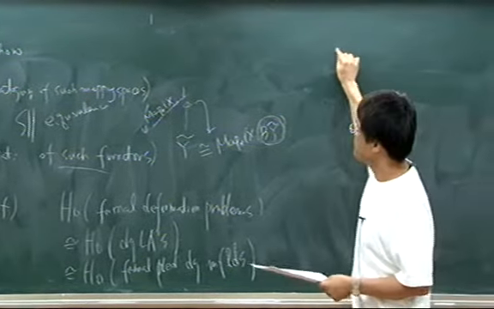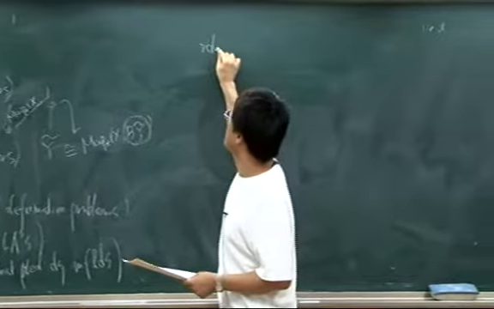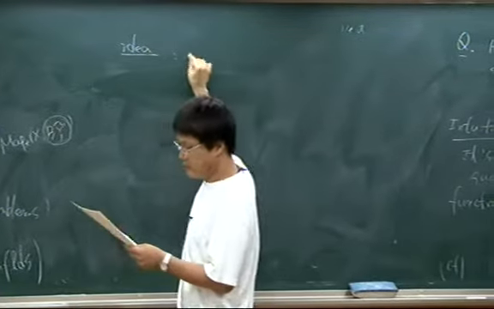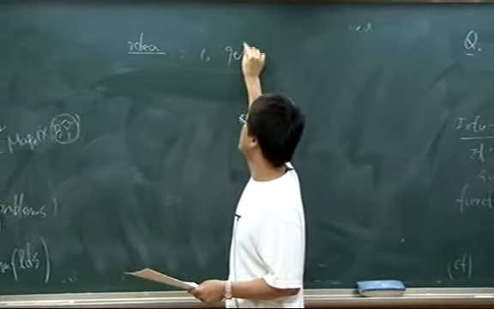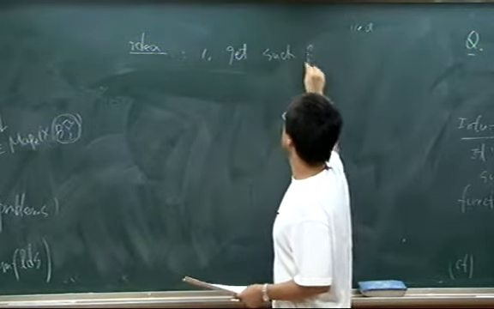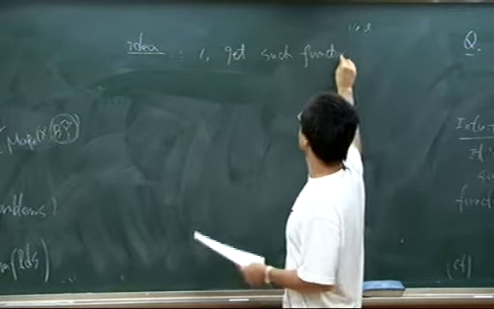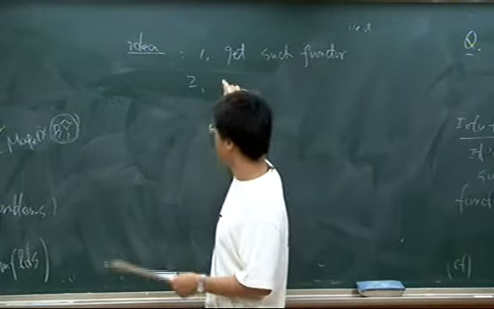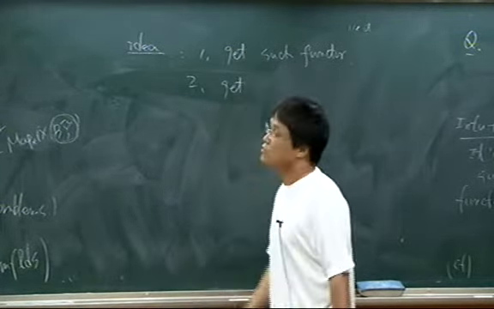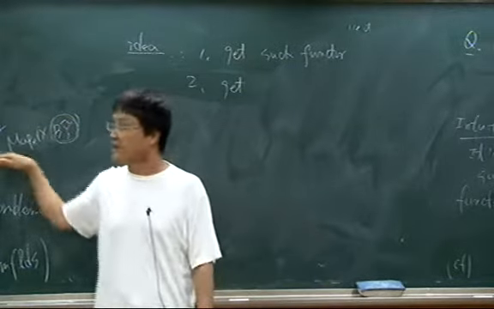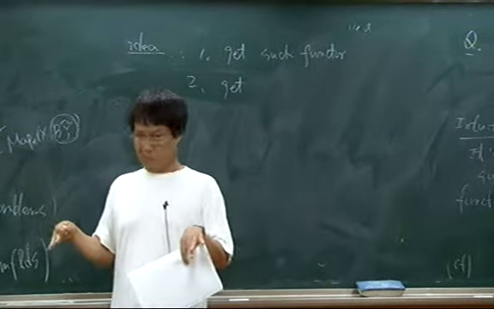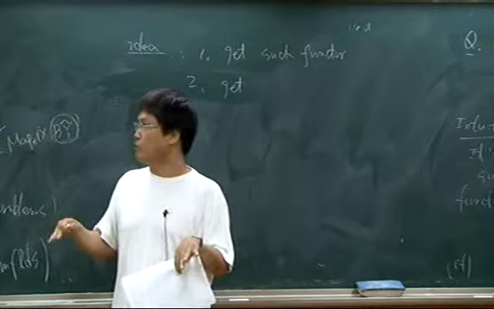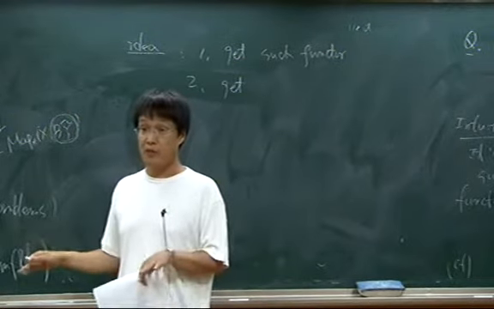Yeah, so then how can you show that? The idea is first we have to get such a functor, right? I didn't define such a functor yet, but we need to get such a functor. And then the second step would be, usually we want to show the equivalence of categories, right? Of course we will not have equivalence on the direct category.